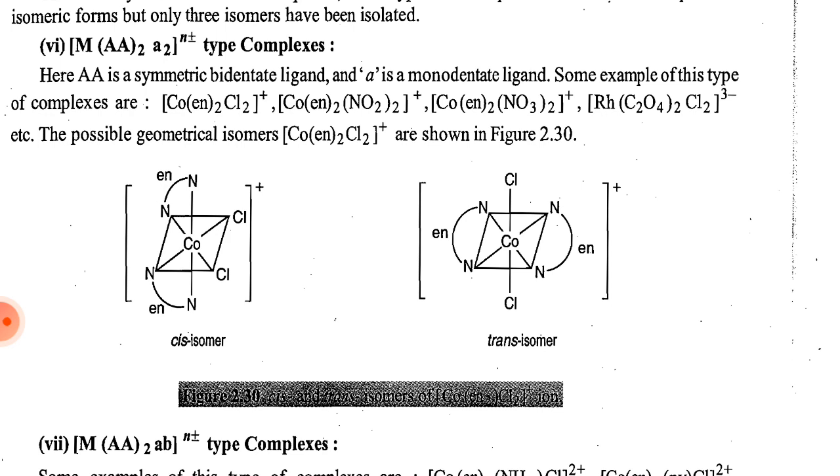M(AA)2a2, n plus minus. AA is a symmetrical bidentate ligand, and a is a monodentate ligand.